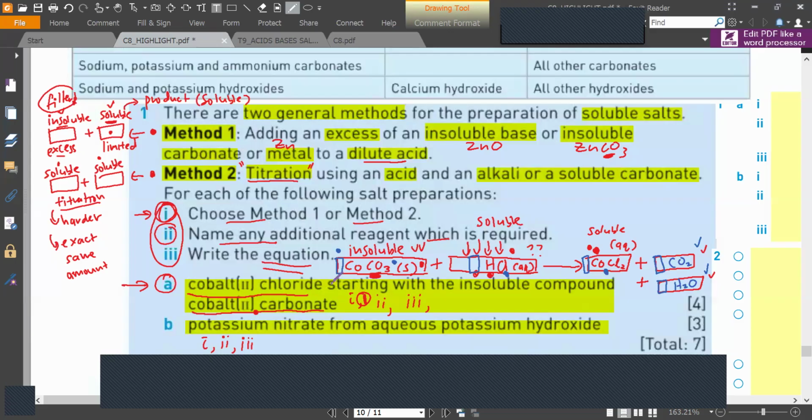This reactant here. Try to balance the equation and then give me the answer.